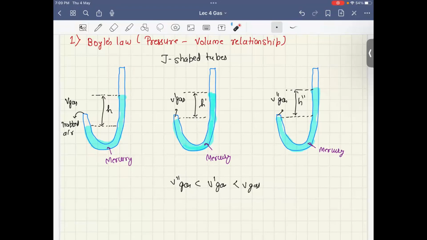He trapped some of the air in the tip of the tube. Here there was air, and he measured the pressure exerted by the gas by noting the difference in the height of the mercury column. The pressure of the gas is increased by adding more mercury to the tube, and the volume of the gas becomes smaller. In this way, Boyle studied the relationship between the pressure and volume of a given mass of gas at constant temperature.